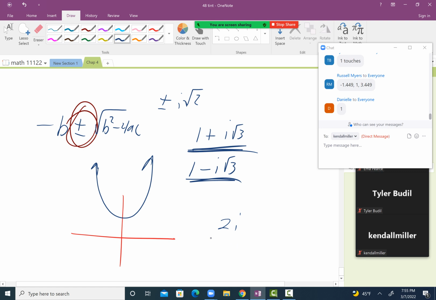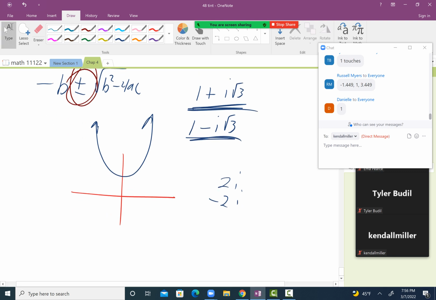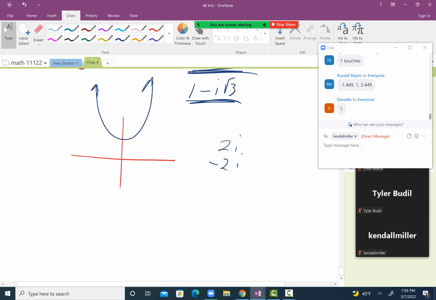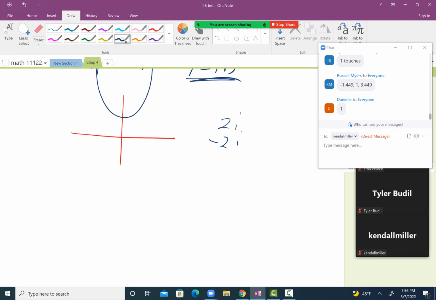You know automatically that negative 2i has got to be the other solution. You've got to have two imaginaries. You can't just have one.